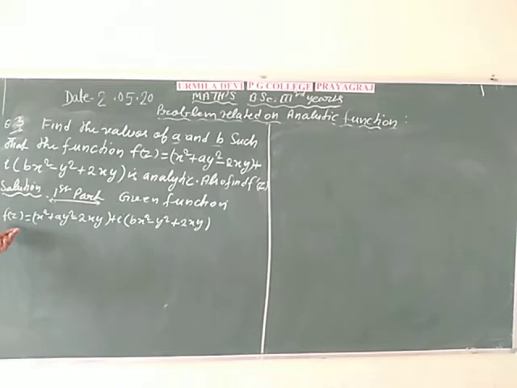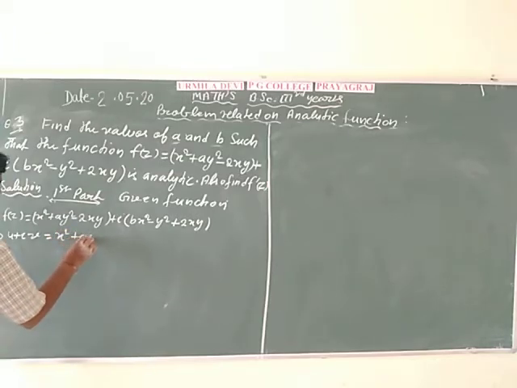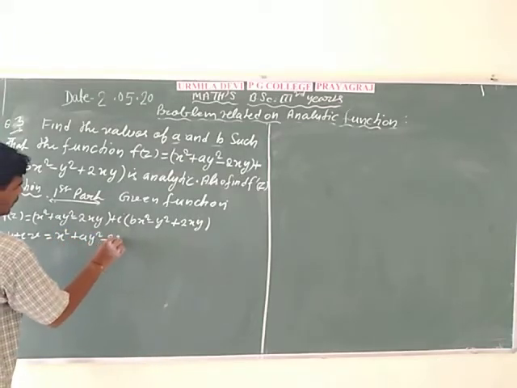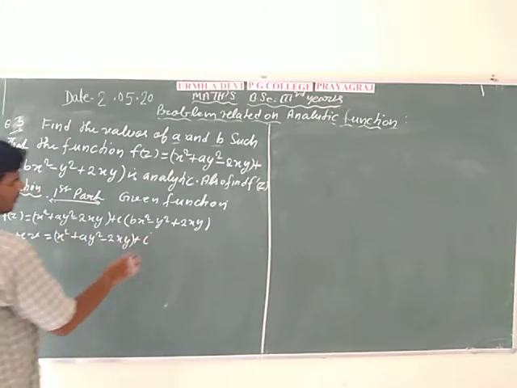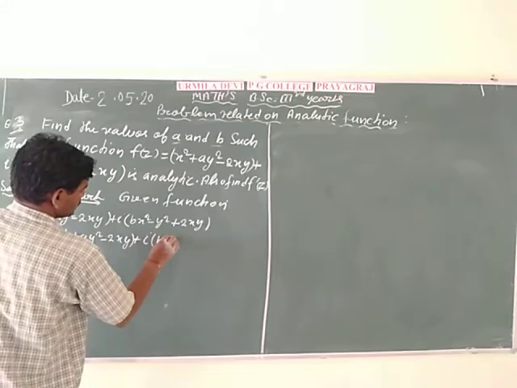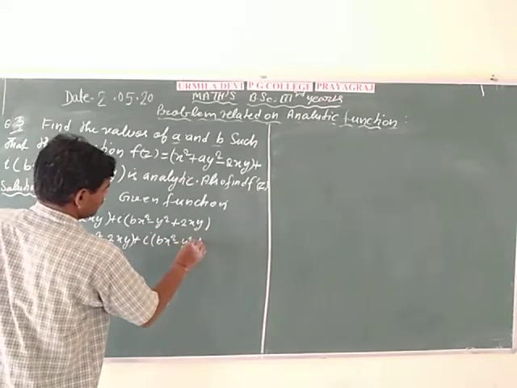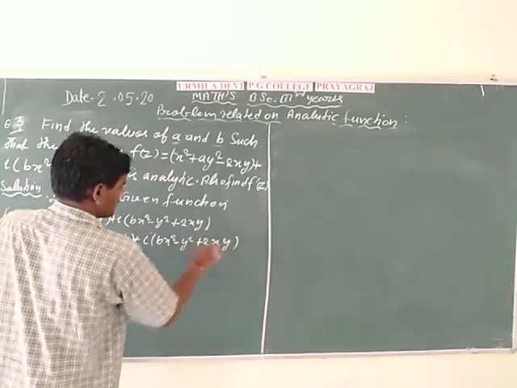Therefore, first putting the value of f(z) by Argand plane theory, f(z) = u + iv on the left hand side, and the right hand side is x² + a y² − 2xy + i(b x² − y² + 2xy).